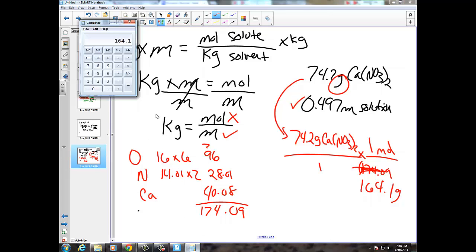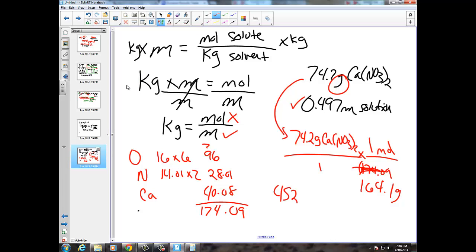We left all our work up there, so it's really easy to fix. We just say 74.2 divided by 164.1, and I get 0.45216 moles.